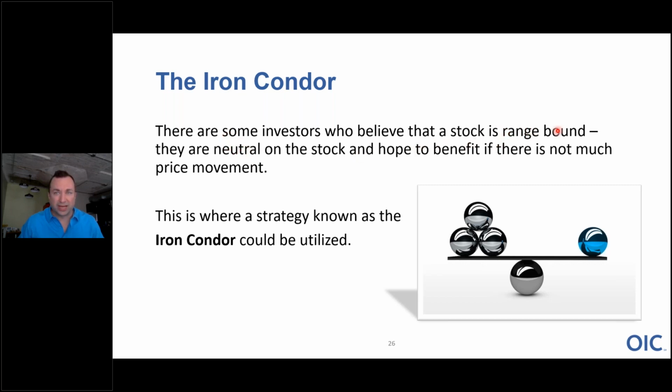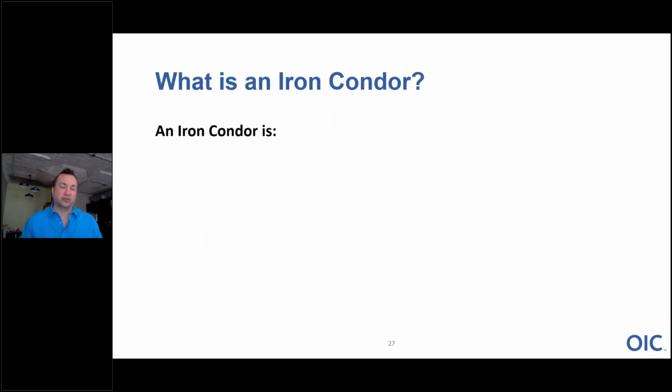You believe it's range bound in between two levels, and you're going to attempt to benefit from the stock not breaking above a certain level and also not breaking below a certain level within a certain period of time. That motivation might lead you to use this iron condor strategy.